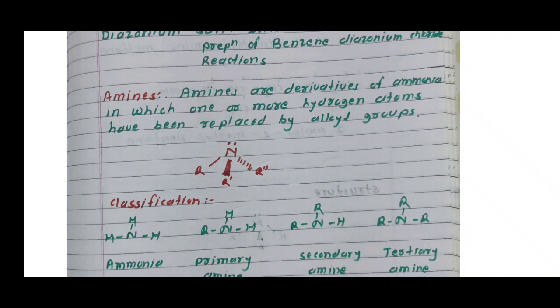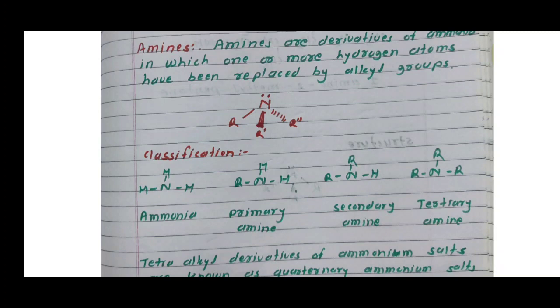The next point is the classification. Amines are derivatives of ammonia, therefore I am showing the structure first. Ammonia NH3: if one hydrogen atom is replaced by one alkyl group, a primary amine is formed. If 2 hydrogen atoms are replaced by 2 alkyl groups, as in RNHR, a secondary amine is formed.